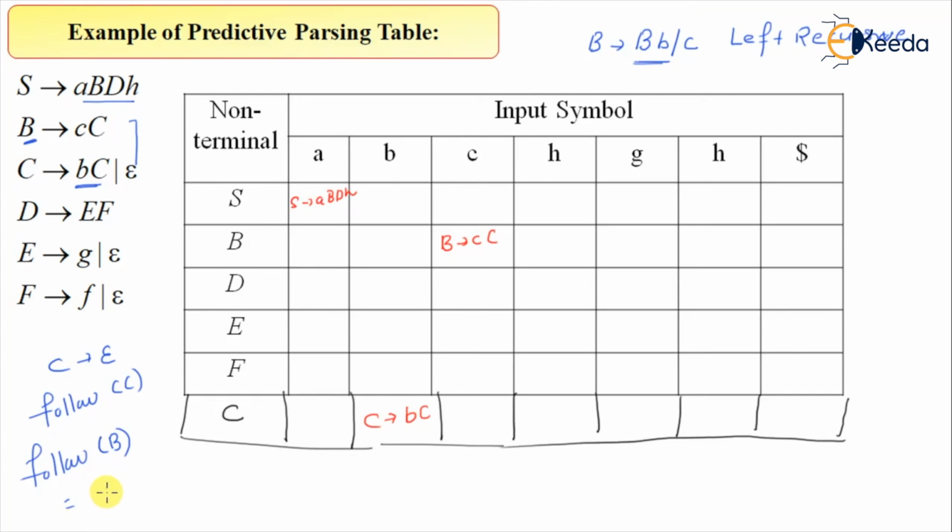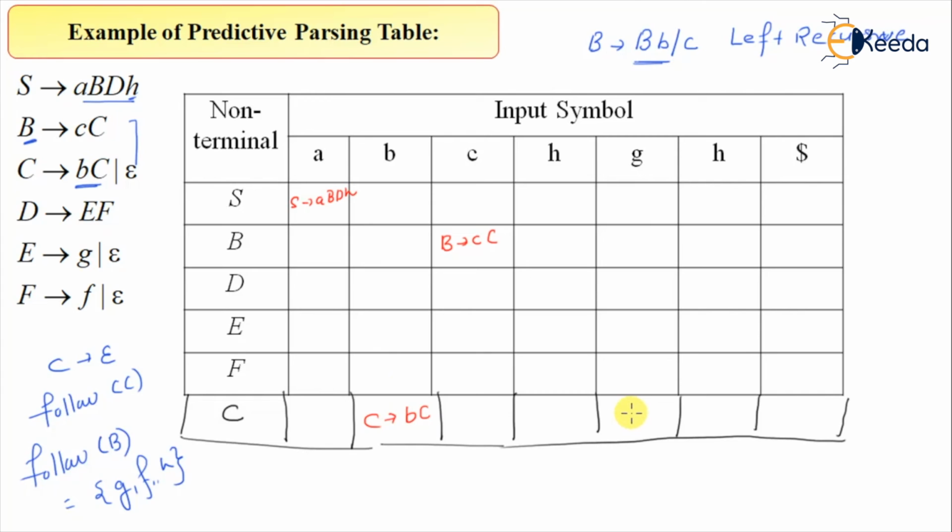So now we are having G and F. I am doing this computation very fast because I already explained it, and because G and D can derive epsilon, E epsilon and F epsilon, and hence H also, so G, F and H. So C derives epsilon will go to the three columns, that is G, F and H.